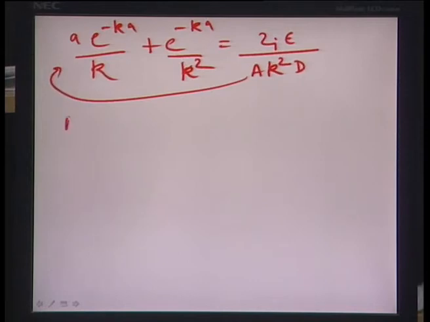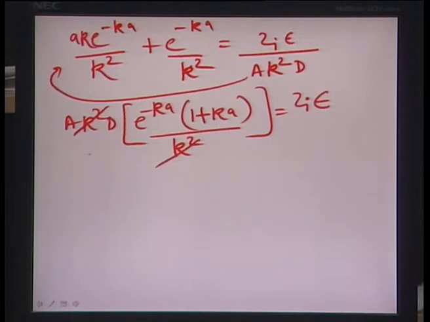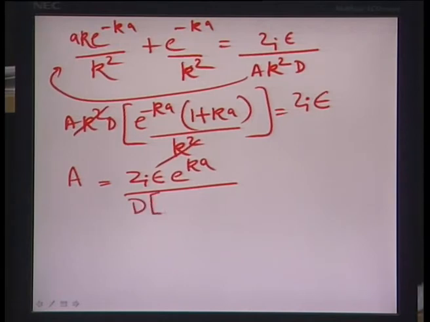So, let us take this term here aside. So, we are left with a k square d times of, if I try to multiply this term by k above and below, so that there is a common denominator, we are left with e to the power of minus k a times of 1 plus k a, okay, by k square is Zi times epsilon, and these two go away, and we are left with an expression a equals Zi epsilon e to the power of k a by d 1 plus k a, all right.